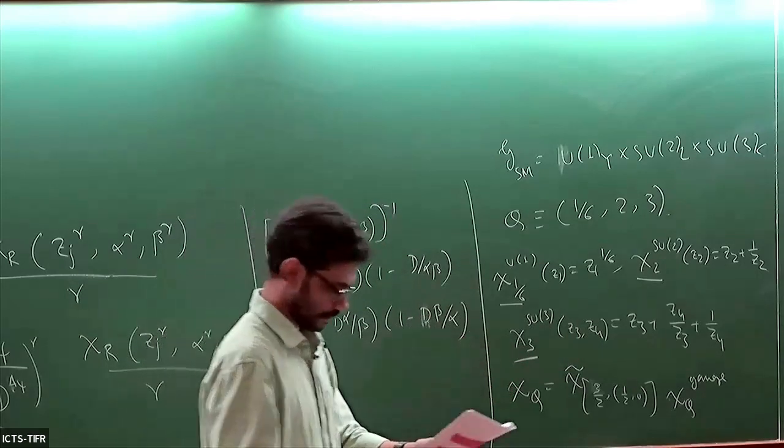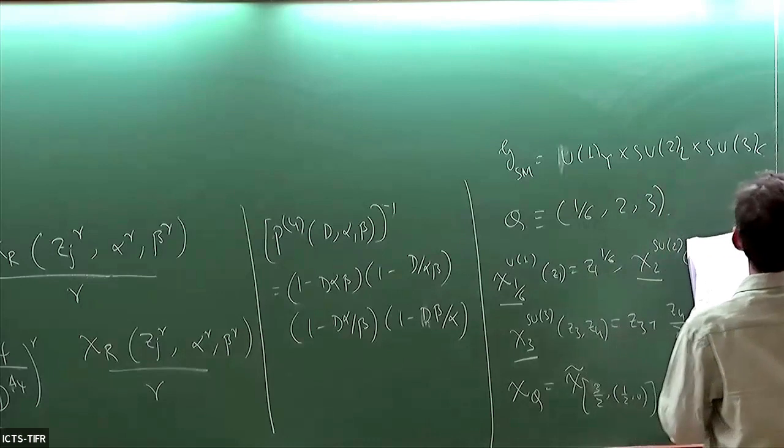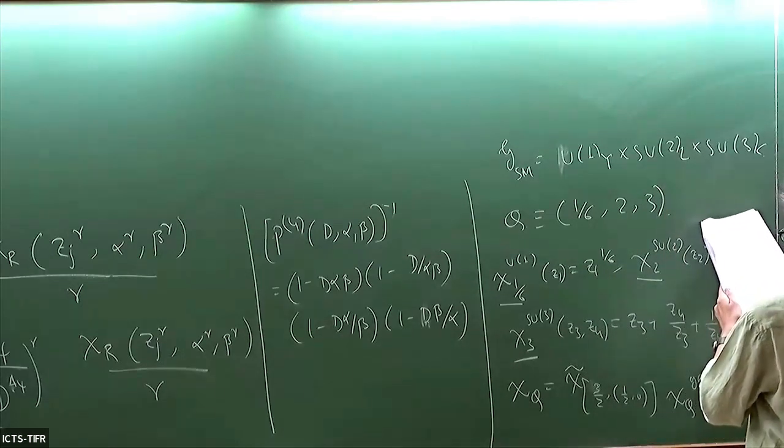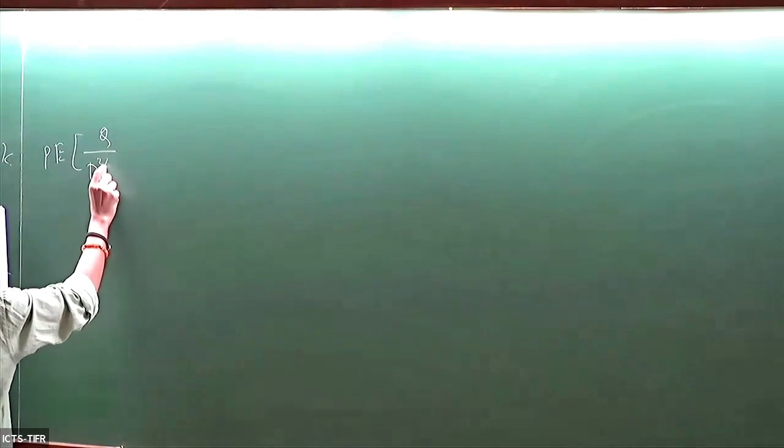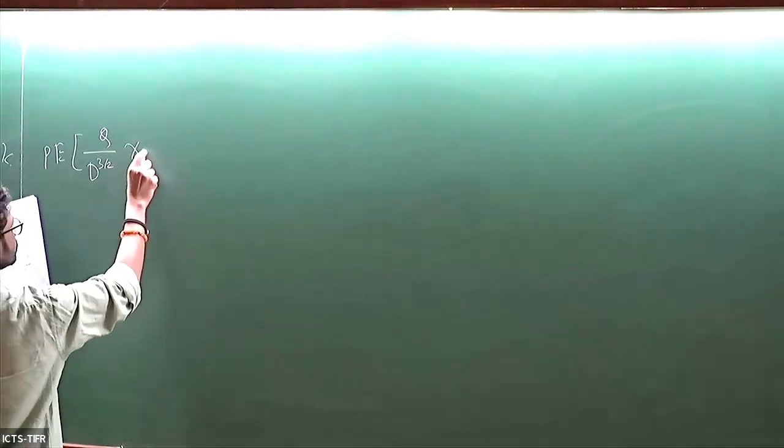Okay. So then I should be able to write down the statistics for this: q, D to the power 3 by 2, chi q, right? That is my statistics function of that thing. So how do I write it down?